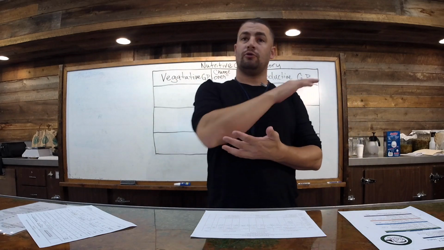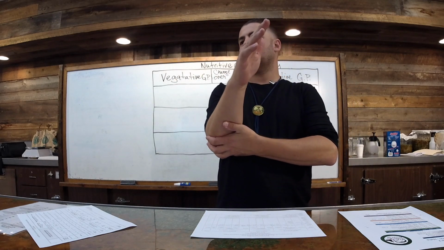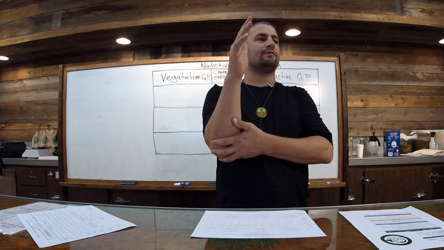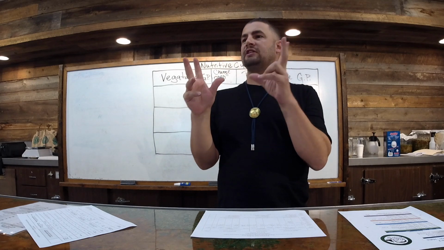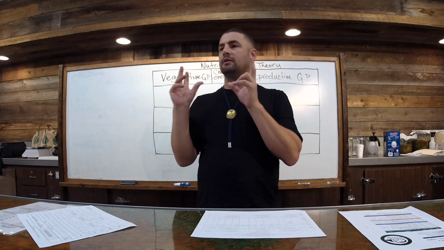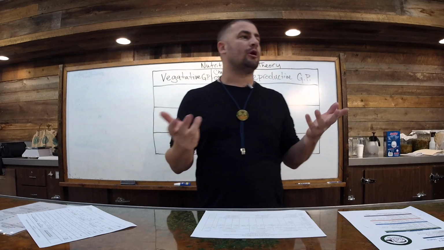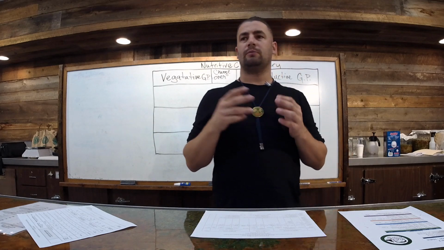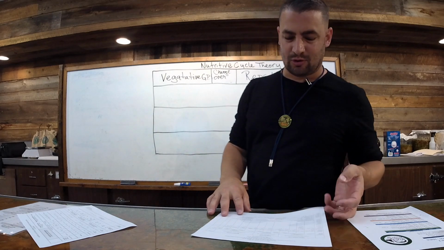They all go through the beginning, the initial vegetative growth, the changeover from vegetative growth to production, and then the production phase, and then the end of production, right? Is everybody with me? Okay, cool.